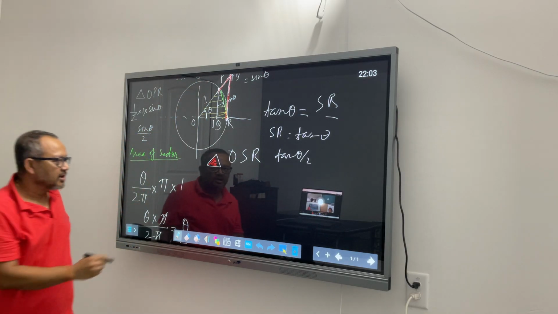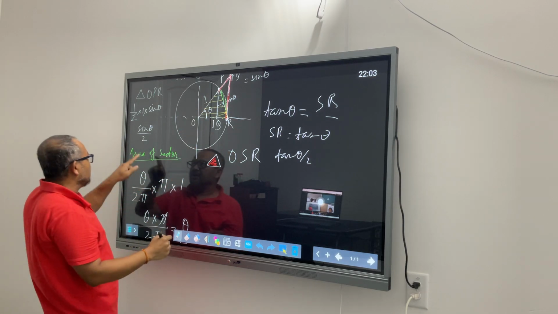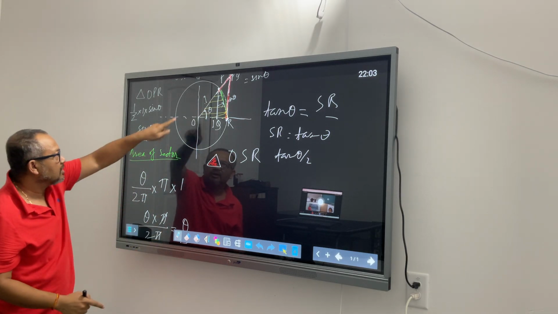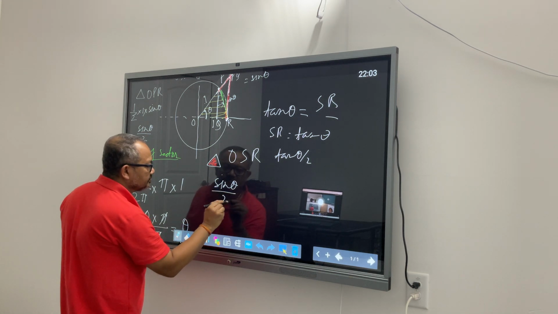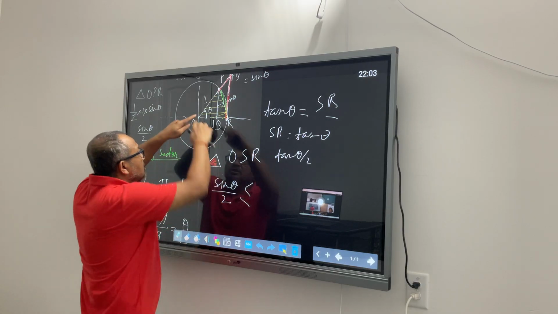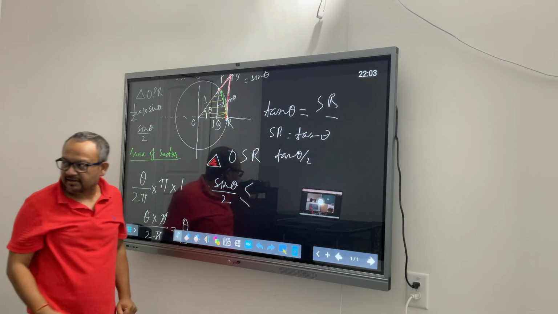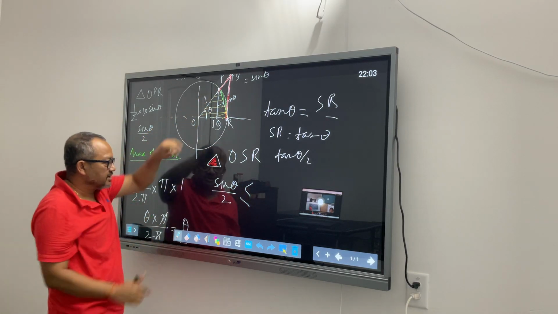Again, I am trying to relate that to the Squeeze theorem. Okay? Yellow triangle's area is how much? Yellow triangle's area is OPR. This is sin theta over 2, which is less than or equal to this sector's area, correct? So this sector's area is bigger than the triangle's area.